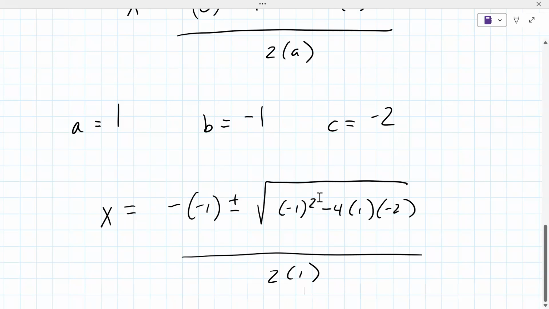But just the part under the root, just this part in the square root, not all the rest of it.